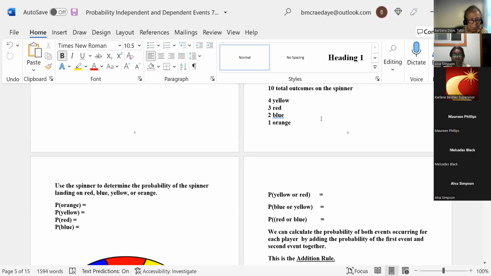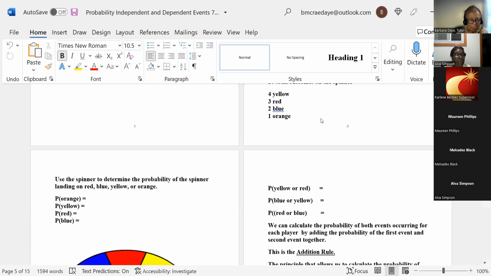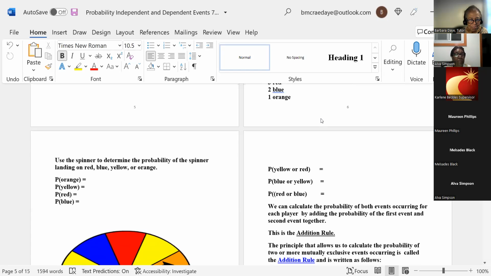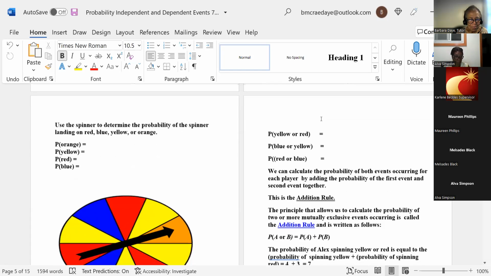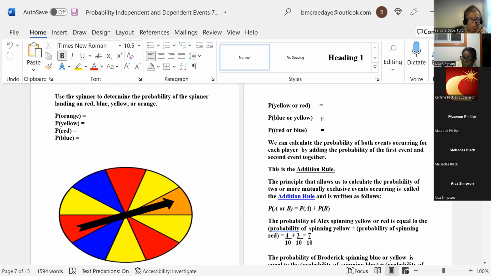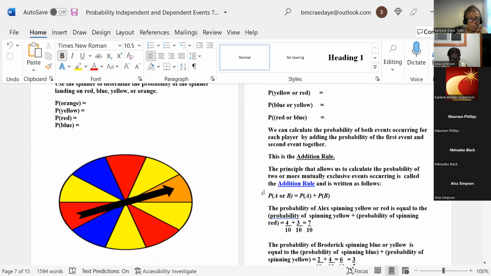You got it? But you know why I sort of think back, Miss, because you say or, so I'm wondering, should I not worry to add them together? Okay. Probability of A or B is probability of A plus probability of B. There we go. 4/10 plus 3/10, 7/10, because you can't get them at the same time.